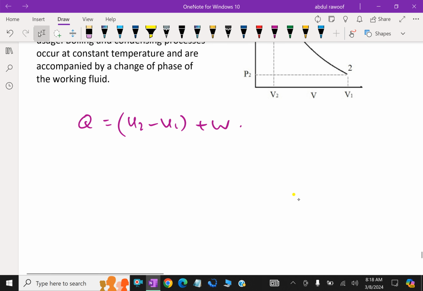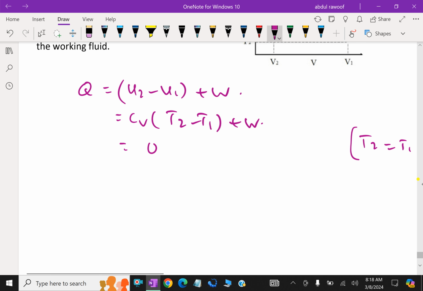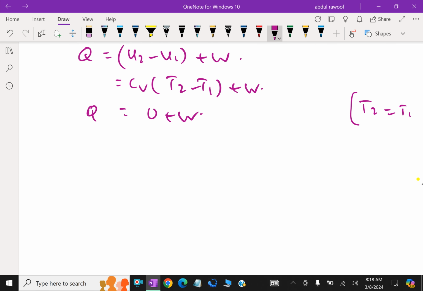U2 minus U1 is Cv (T2 minus T1), which is 0 because T2 equals T1. Therefore, Q equals work done.